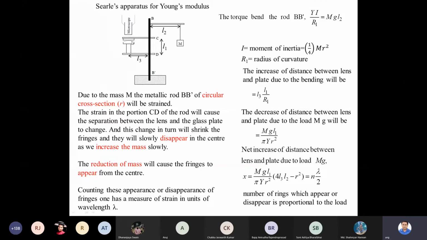So you have to measure the difference between the glass plate and the lens, and you can see the changes in the formation of the rings. The rings may appear or disappear depending on the separation. These are the formulas. If you have some interest, you can go through that. But the simple setup is like this.